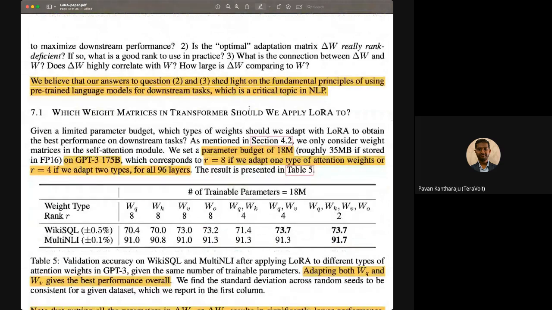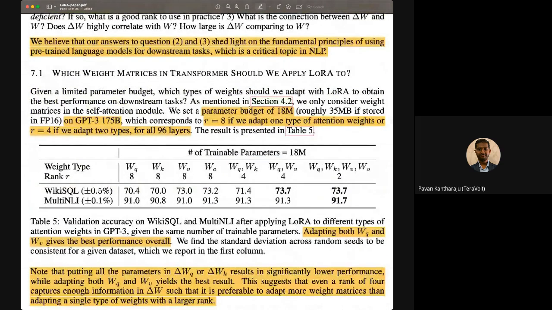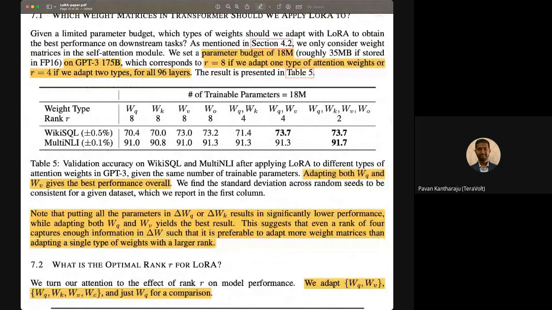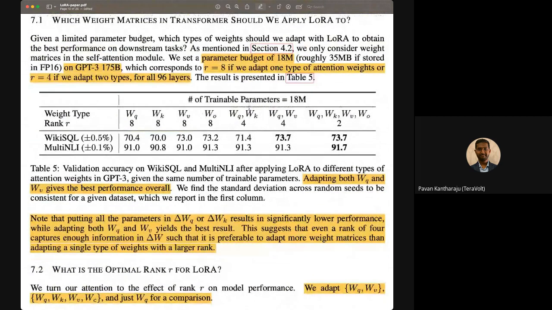So, the first one is, which matrices should LoRA adapt? What they did was take a parameter budget of 18 million, which is 35 megabytes if stored using FP16. They look at rank 8, 4, and 2, so this is the r value there.